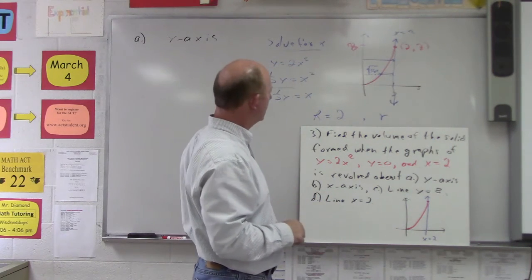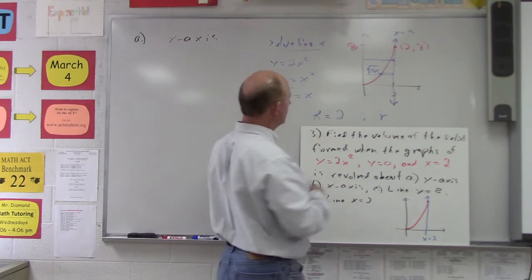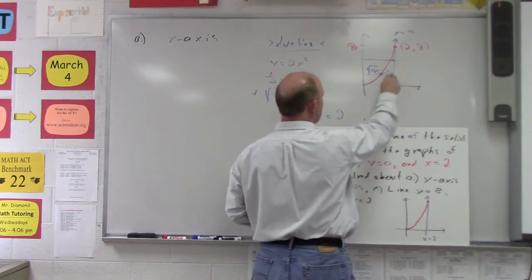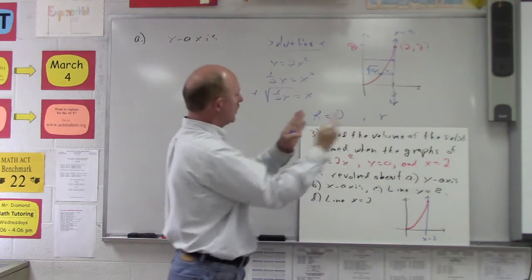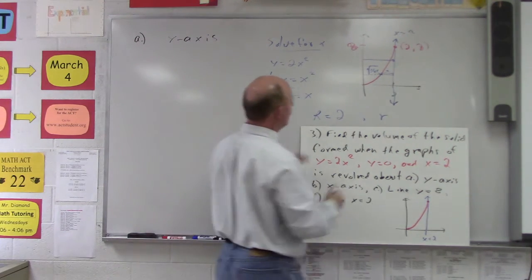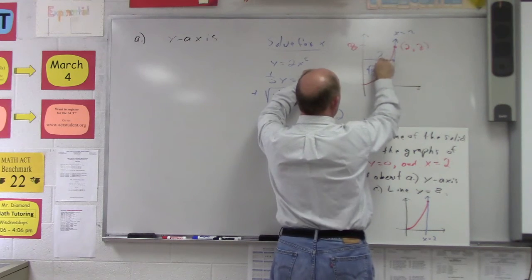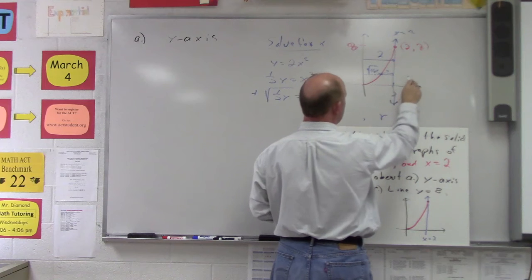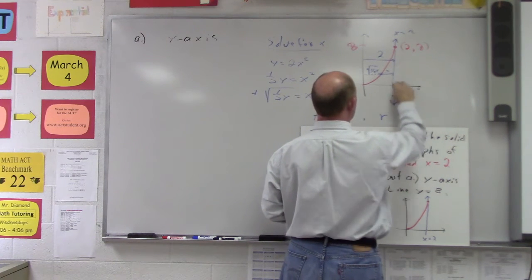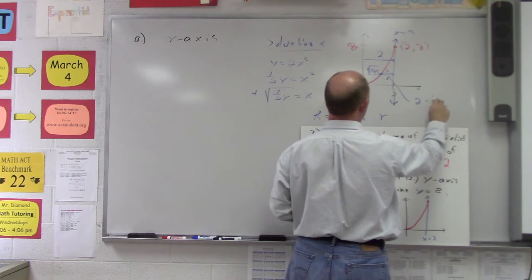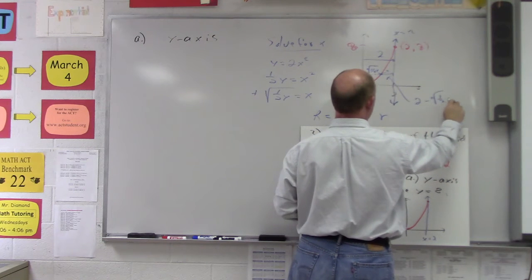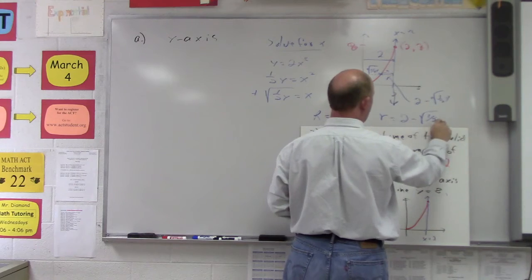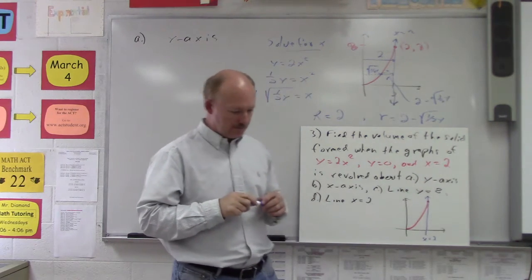So little r. To describe this distance right here, that would be the length on our representative rectangle. From here to here is 2, so this distance would be 2 minus the square root of 1/2 y. So little r is going to be 2 minus the square root of 1/2 y.